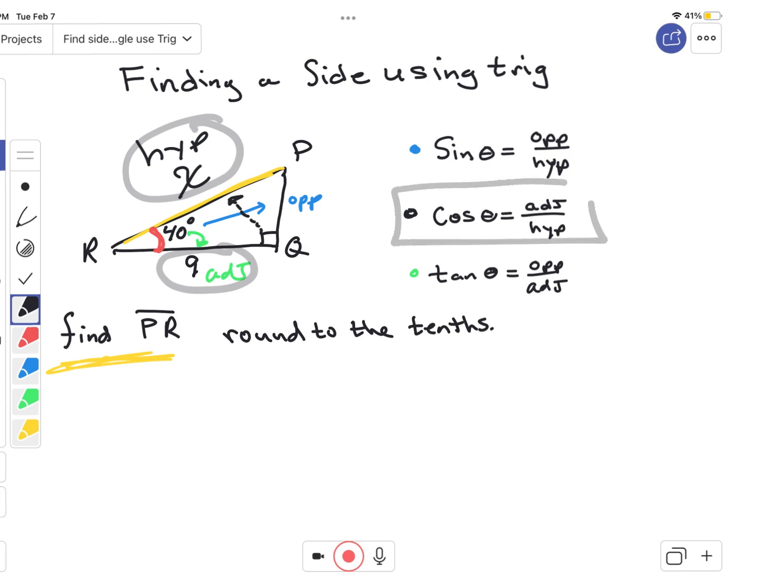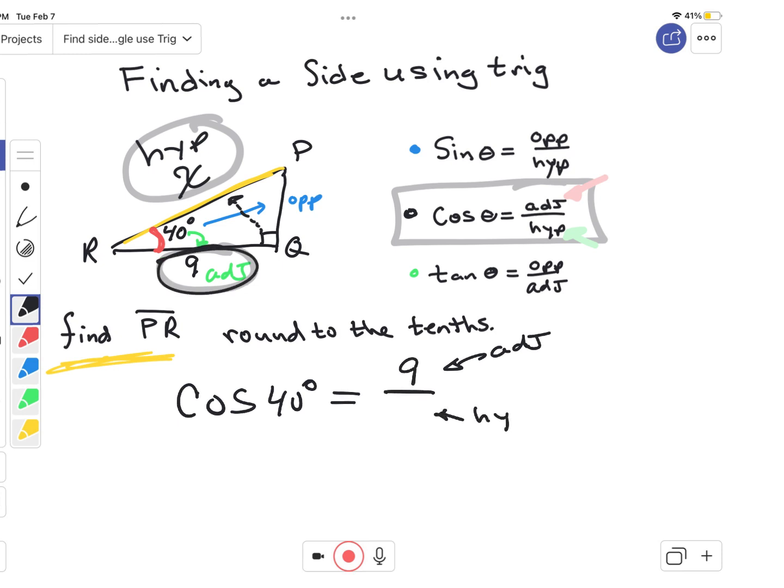Wouldn't that be cosine? Cosine has adjacent and it has hypotenuse. So we're going to build our equation as cosine of 40 degrees equals, and the ratio is the adjacent goes in the numerator, which they said is 9, and the hypotenuse is what we're trying to find, which is x.